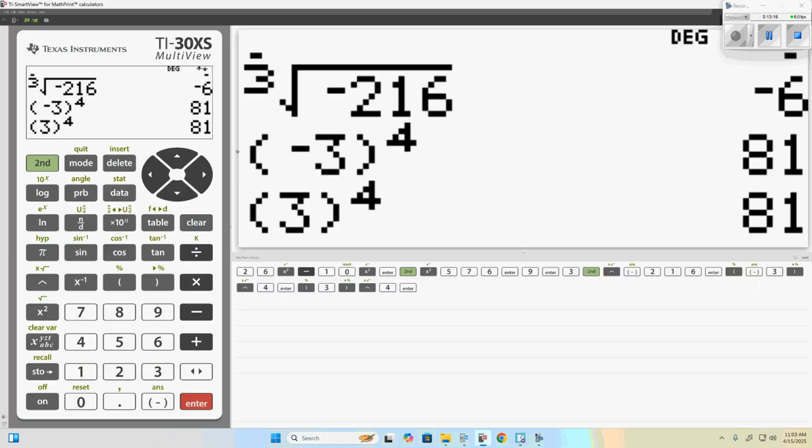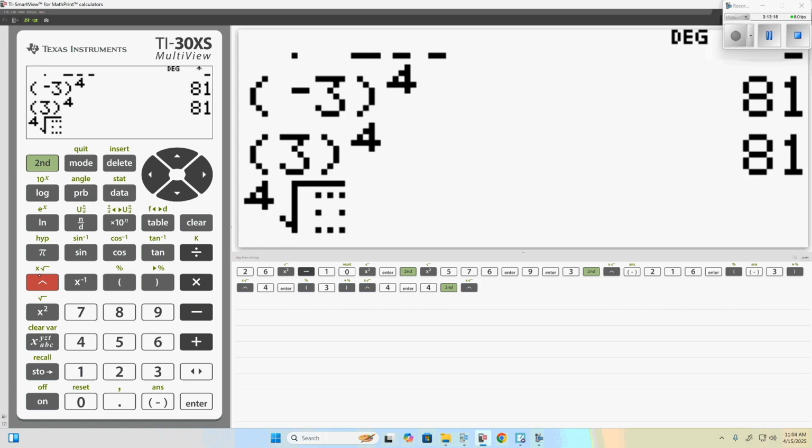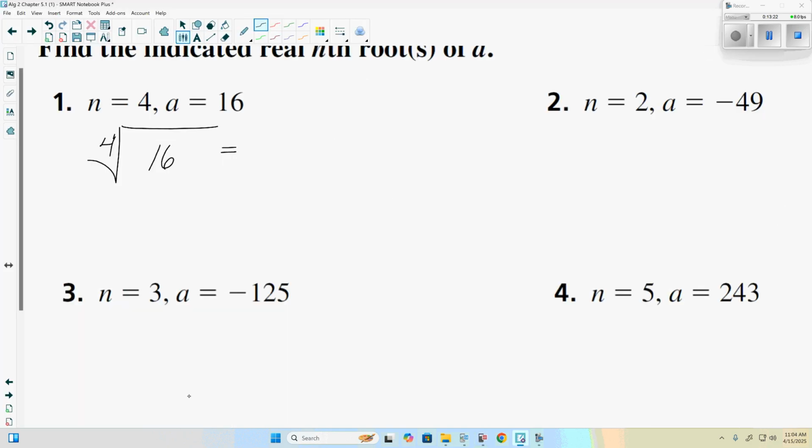It's 2. We can do it in the calculator. It does give us 2. Now because it is an even root, we're applying an even root to a positive number, we have to put the plus or minus because there are 2 possible cases for this here.